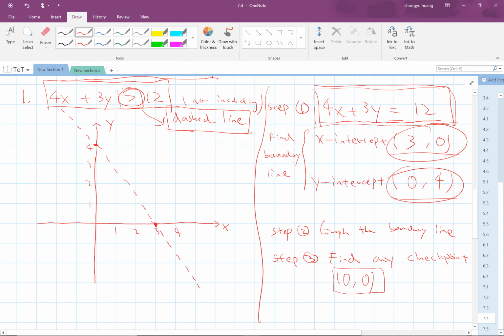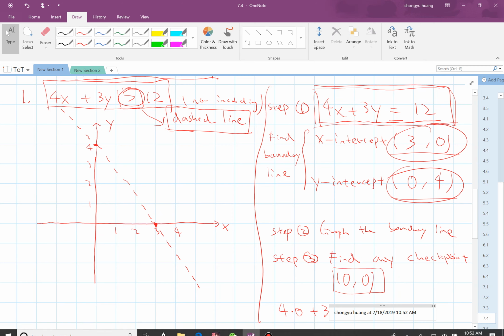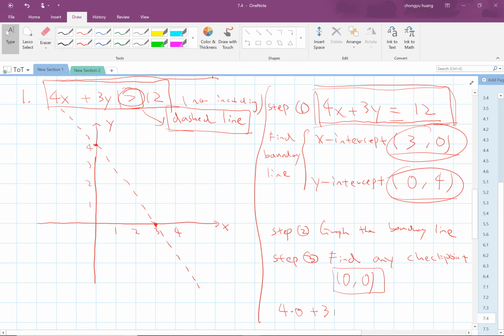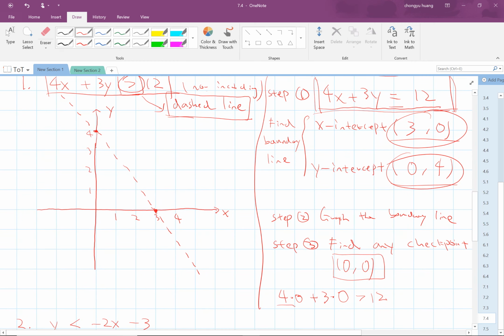So what we have is 4 multiplied by 0, plus 3 multiplied by 0, is bigger than 12. 4 multiplied by 0 is 0, and 3 multiplied by 0 is also 0.